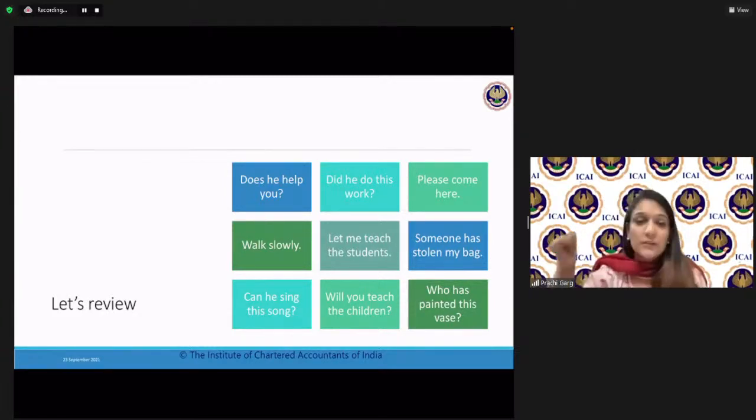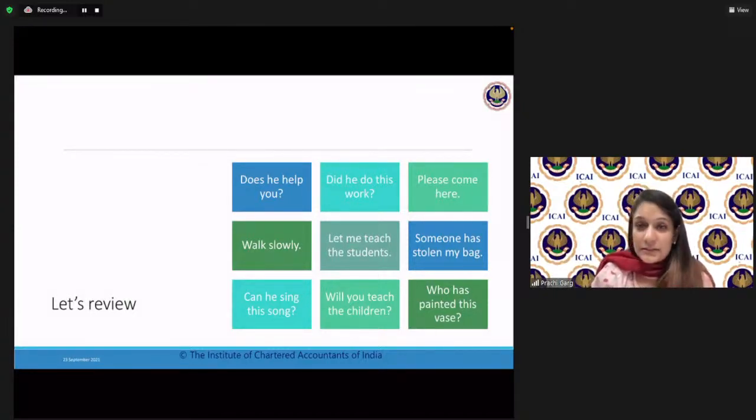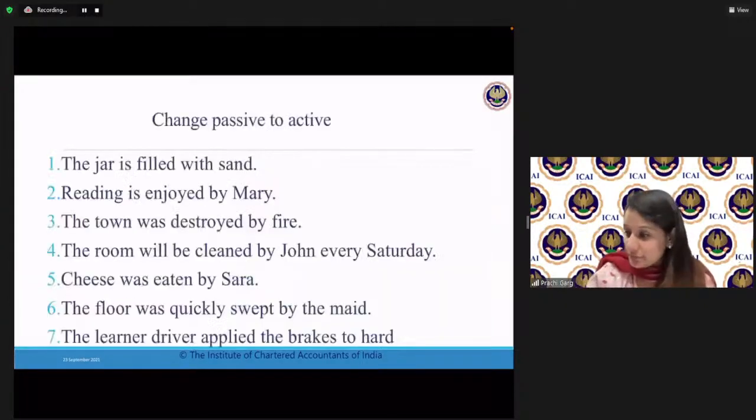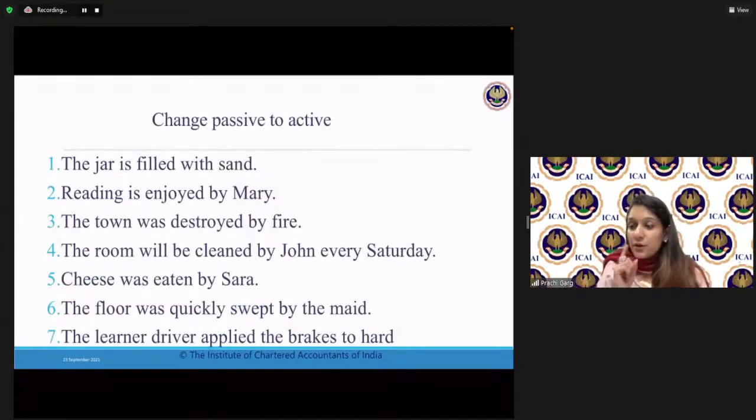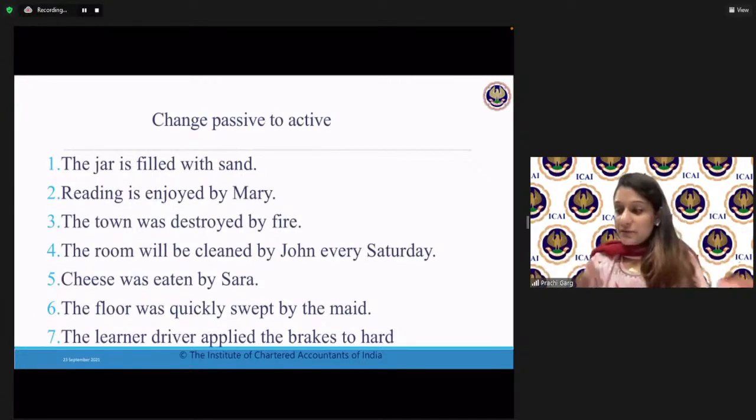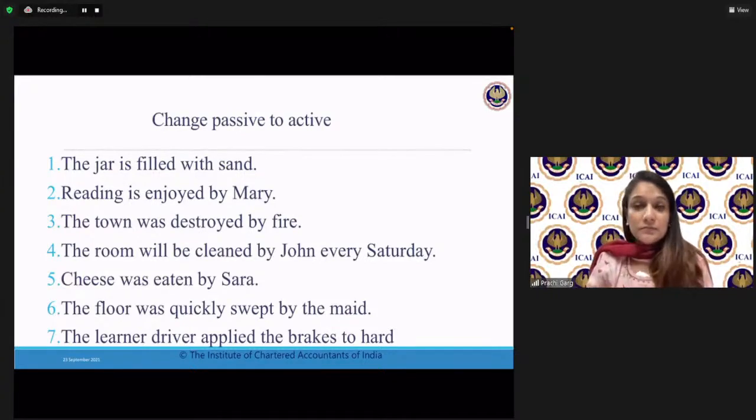All right, good to go, guys. You are already pros at it. Let's move on. We are short of time, unfortunately. Now, this is changing from passive to active. When you're changing from passive to active, you will of course change the entire rules.